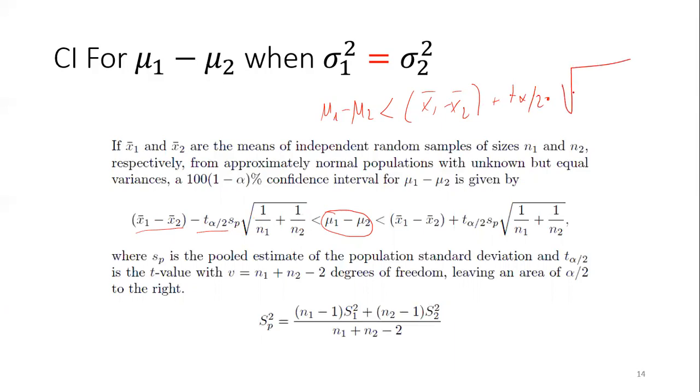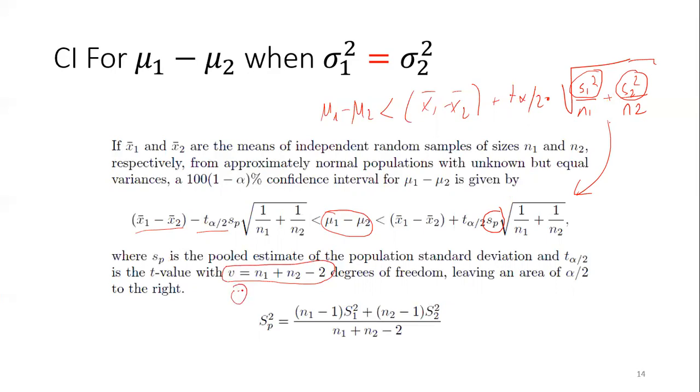Remember the previous one, it was s1 squared divided by n1 and s2 squared divided by n2. See, it's very similar, but in this case, since I have a single s, I just write sp squared and sp squared and then take this out. So this is my confidence interval. As I said, the degrees of freedom is n1 plus n2 minus 2.